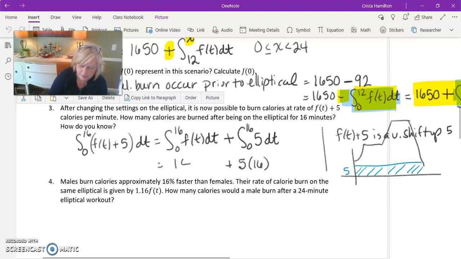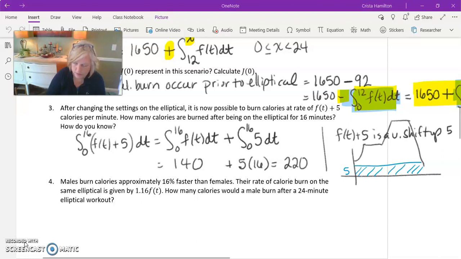So we had 140 calories plus 5 times 16, and that would give us the total. All right, so we would end up with 220 calories burned. So that extra 5 calories per minute is going to basically add 80 calories to the net accumulation that we had.